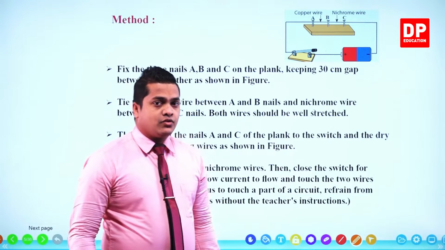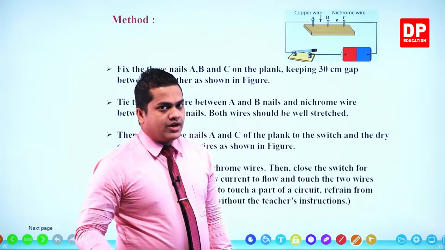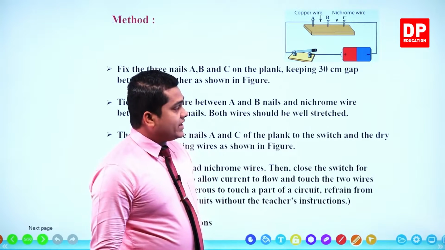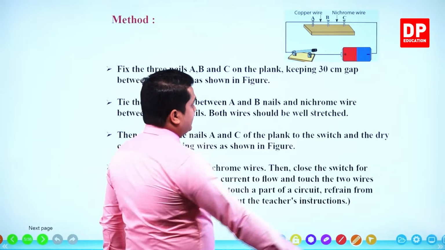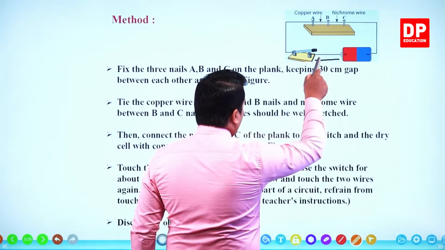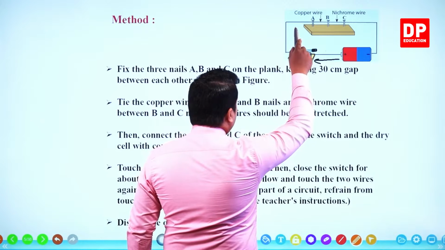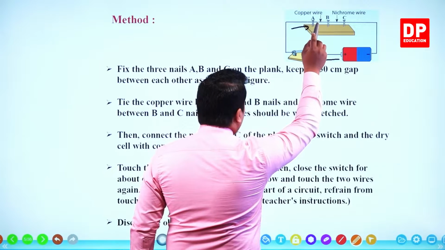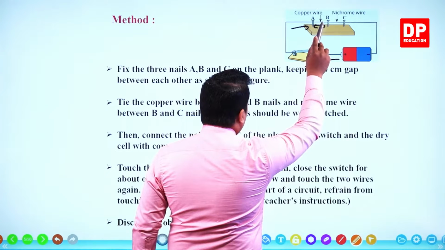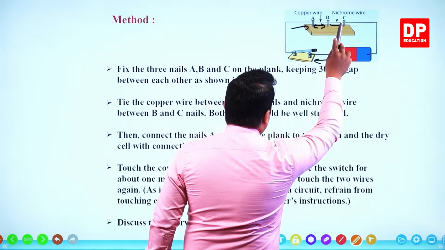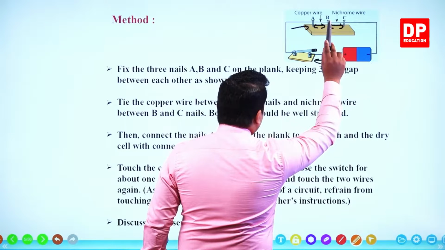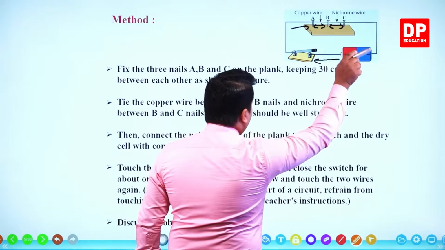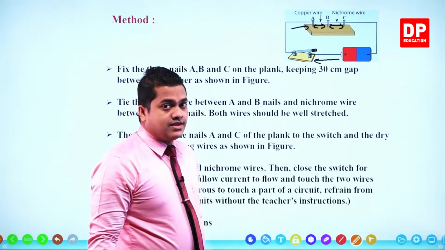You know that iron is a good conductor of electricity. So through iron nails, electricity is getting conducted. So when you connect this one like this, the electricity coming through the positive terminal travels through the switch, comes to A, and it's going to travel through this copper string towards B, then it's coming towards the nichrome wire to C, and once again back home to the dry cell, right?